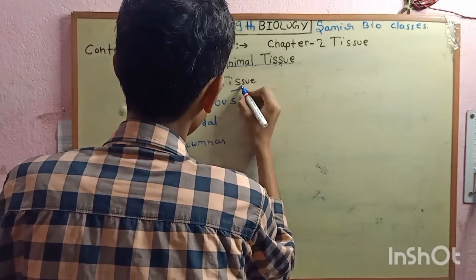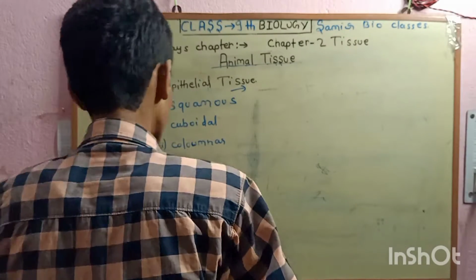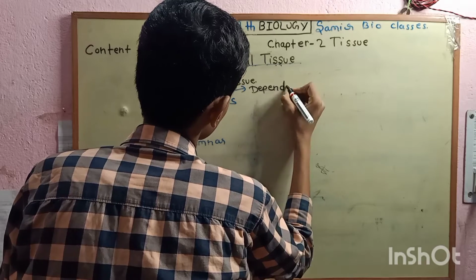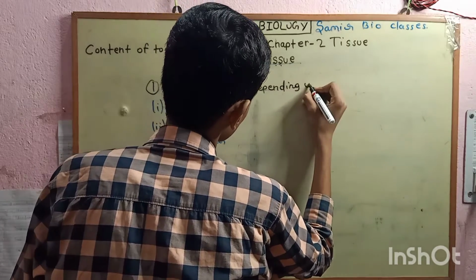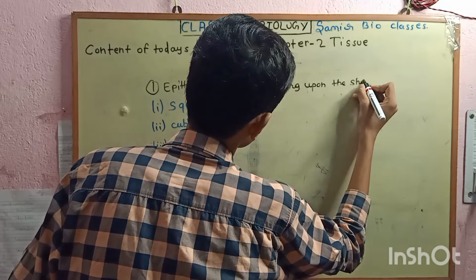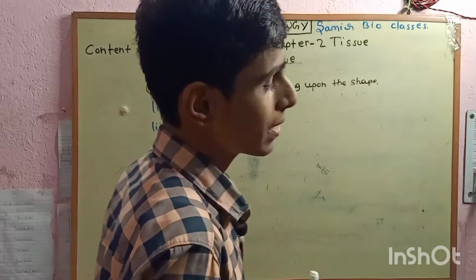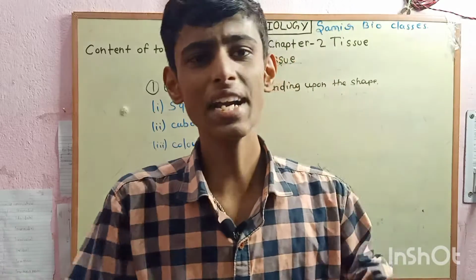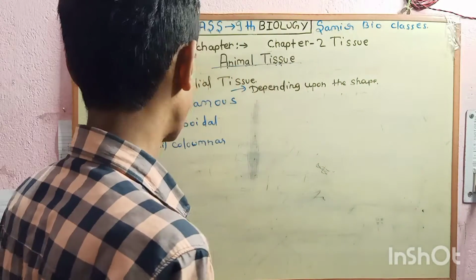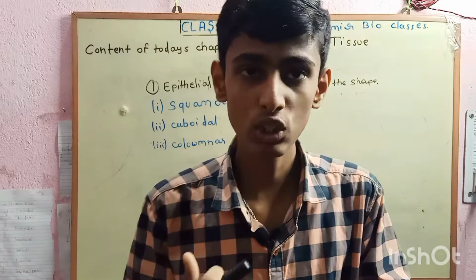This is depending upon the shape. What are the kinds of epithelial tissue and what are their shapes? Depending upon shape, only three variants come: squamous, cuboidal, and columnar.